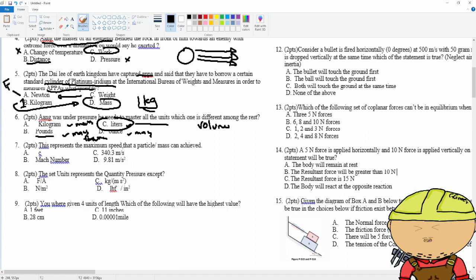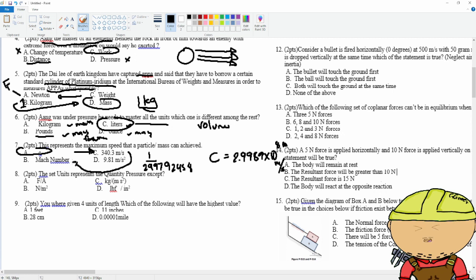This represents the maximum speed that a particle of mass can achieve. This is under the definition of light, or this is under the definition of time. 1/299792458, or the value of speed of light, which is 2.9989 times 10 to the 8 meters per second, which the answer is letter C. Letter A, which is C. Letter C is speed, a Mach number.